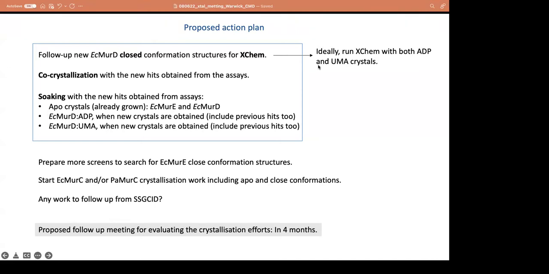It would be great to try to get either soaking or co-crystallizations with the systems you have in place. How much more optimization? I'm normally thinking of XChem, you want to run a large library. You want to generate hundreds or thousands of crystals, as opposed to getting a handful of crystals to try with some of the hits that you have in hand. That was just in terms of timing.